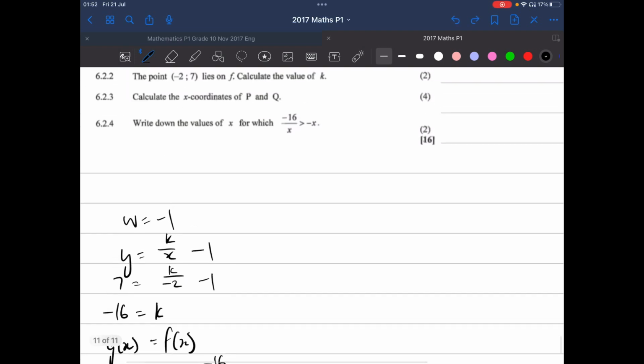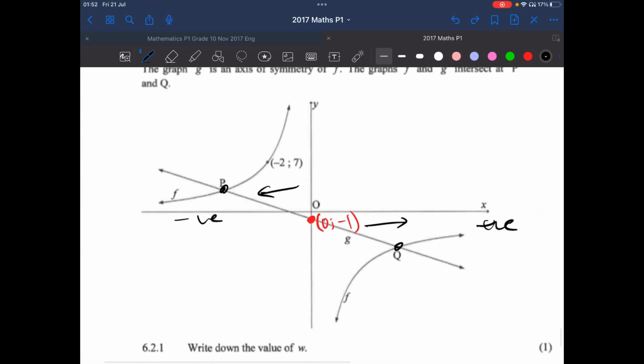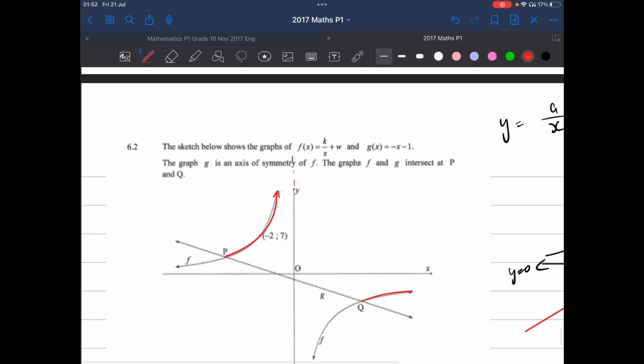Okay, so let's see where that's true. So f of x is the hyperbola. It's greater than g of x at the following places. I'm just going to get rid of these things. But it's greater from here, and it's greater from here. But now remember, it's not going to continue indefinitely from here, because it's going to come up against its asymptote.